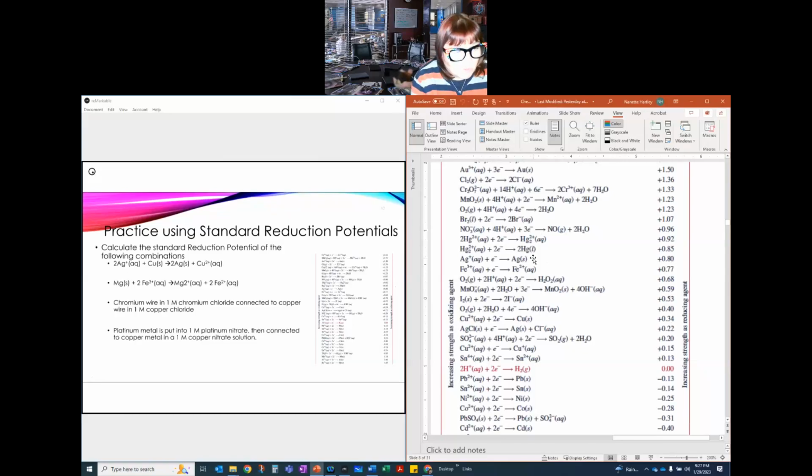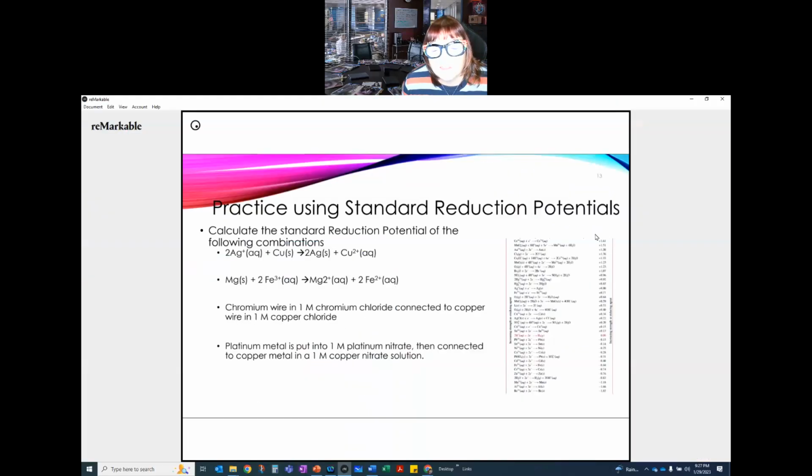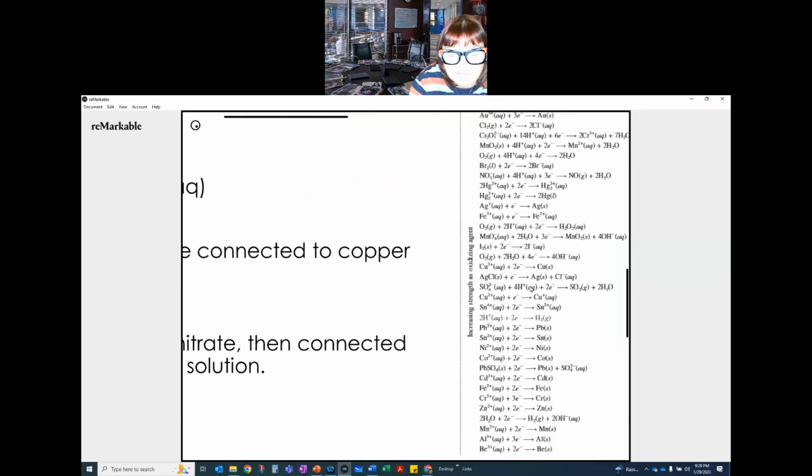Calculate the standard reduction potential of the following combinations. Okay, so we have 2Ag plus Cu. Let me zoom in on that. It's really hard to scroll.